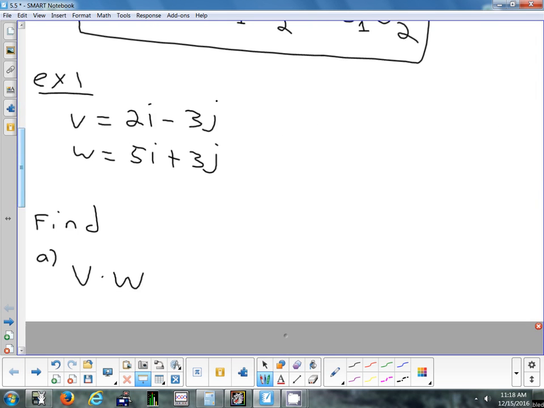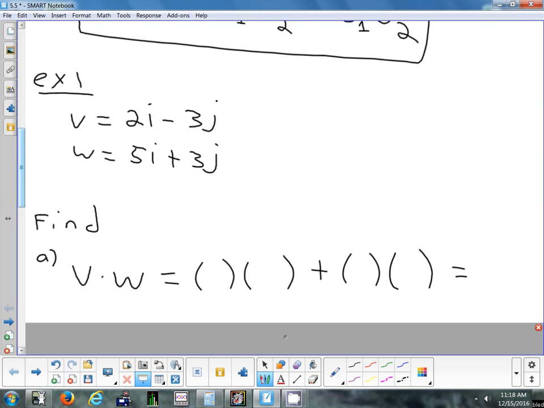All right, so let's find the dot product between V and W. I want to find V dot W. We're going to multiply together two things, two other things, and then add them up. Rebecca, what's going to be the first number that I put in parentheses? 2. Yep, 2.